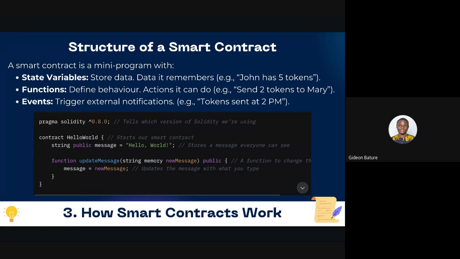Let's forget about DevNet. So testnet and mainnet. Now, a testnet is a direct replica of mainnet. The only difference is that you don't use real money or real coins on a testnet. You use what they call Sepolia. It does not have value.